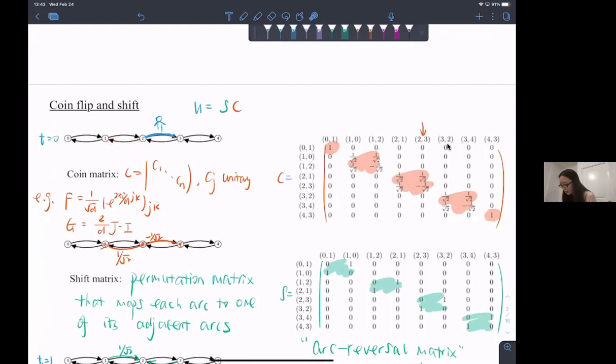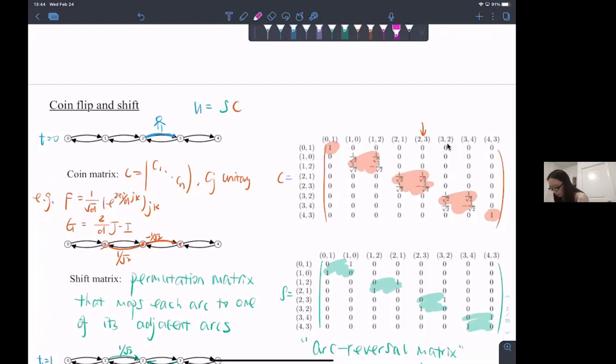So that is done by a unitary matrix that acts locally at each vertex. This is a general form of a coin matrix, but I've also included a specific example here. You can think of it as a block diagonal matrix where each block is indexed by the outgoing arcs of the same vertex.